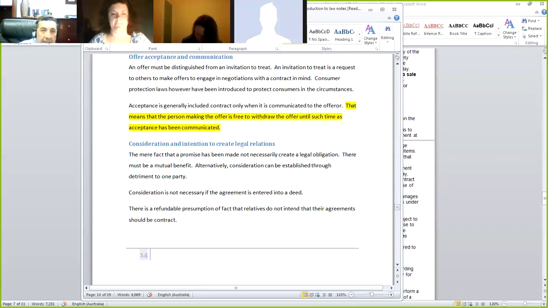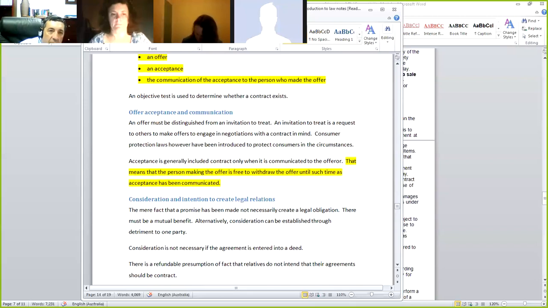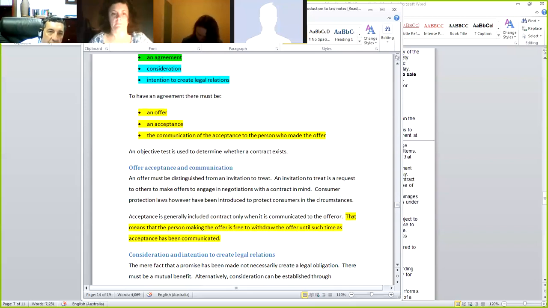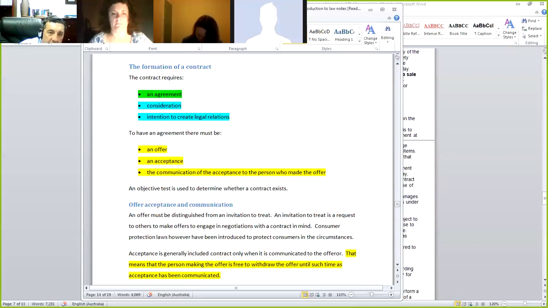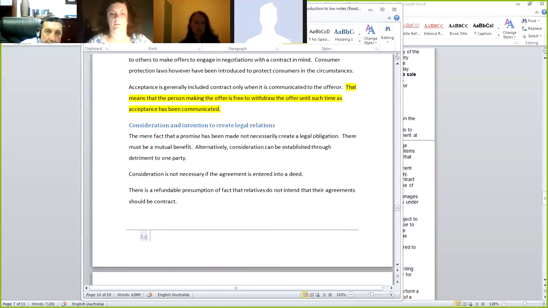All right. In addition to those three things that might constitute the agreement, we have these concepts of consideration and intention to create legal relations. Now, what does that mean? Consideration is essentially the provision of a mutual benefit in most instances. Let's take a real estate transaction.